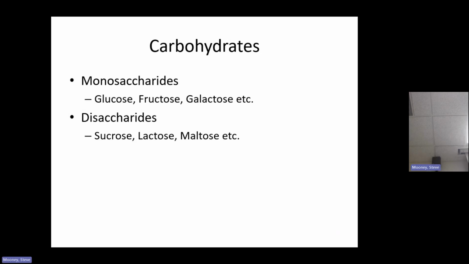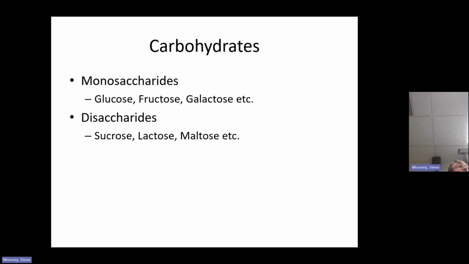That is a fructose and a glucose stuck together. Lactose. Anybody know what that is? Milk sugar. That is a glucose and a galactose stuck together. Maltose is 2 glucoses stuck together.